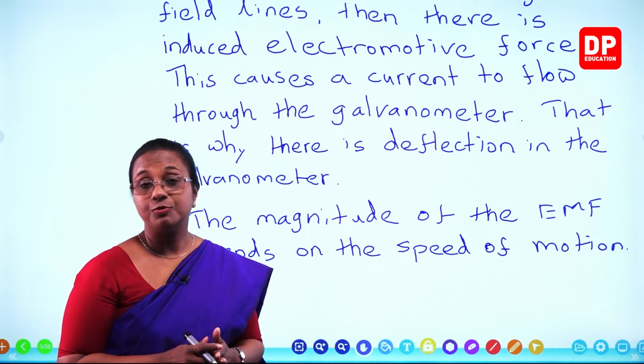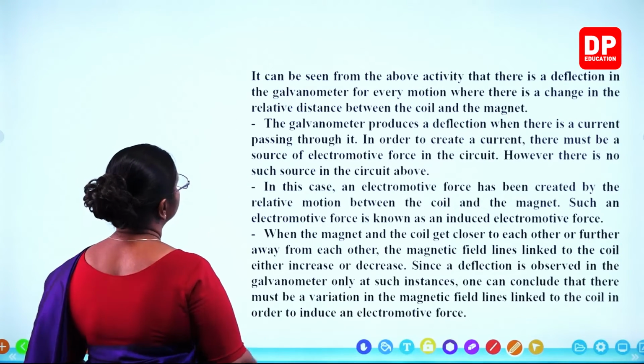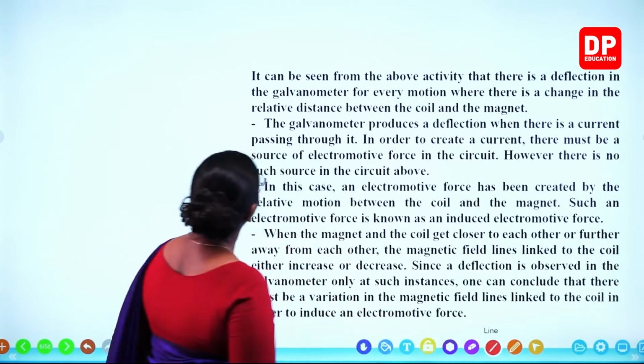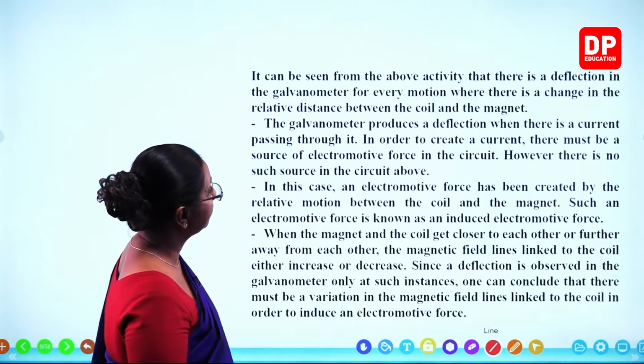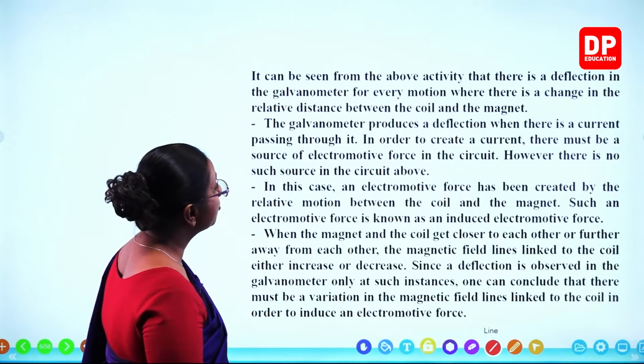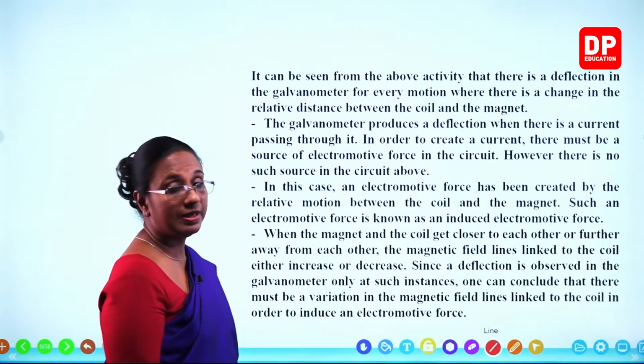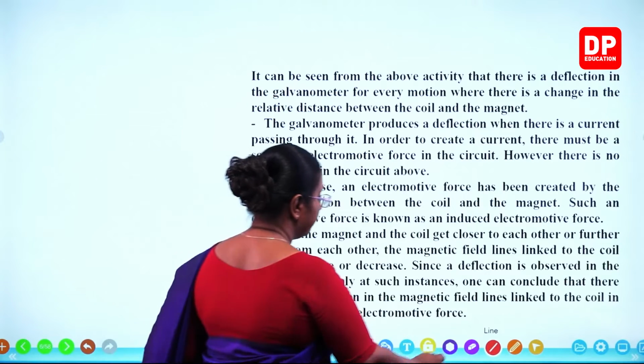With that, students, I'll move on to the next slide. So here we can see, it can be seen from the above activity that there is deflection in the galvanometer for every motion where there is a change in the relative distance between the coil and the magnet. Important.